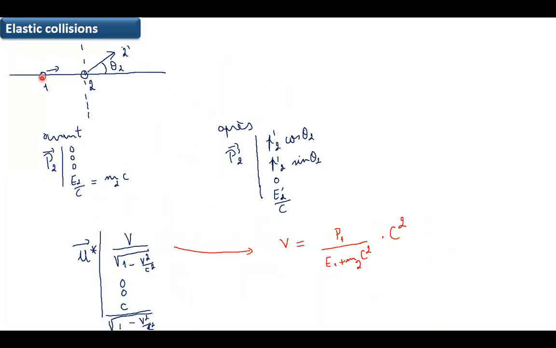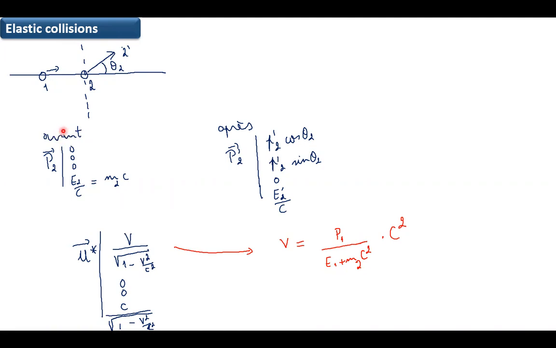We have 1 hitting particle number 2 that is initially at rest, and 2 becomes 2 prime because this is an elastic collision, ejected at an angle theta 2. So let's find this angle.